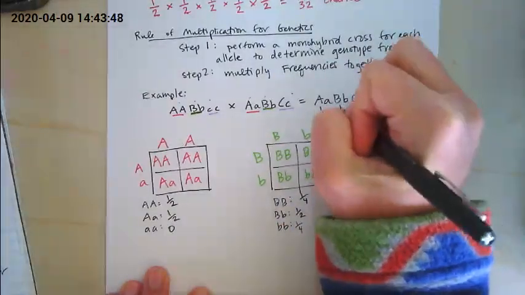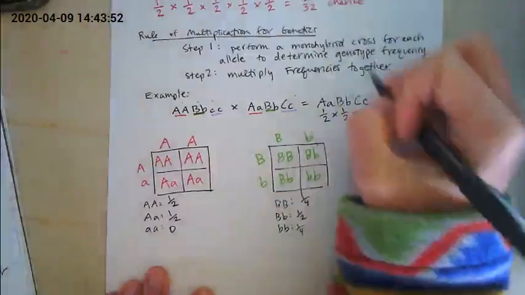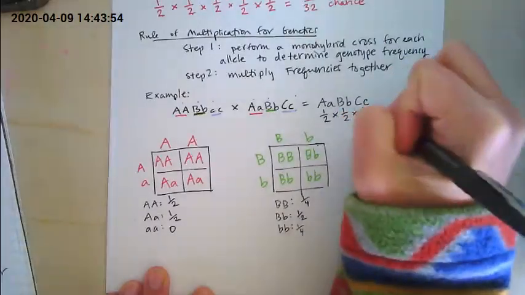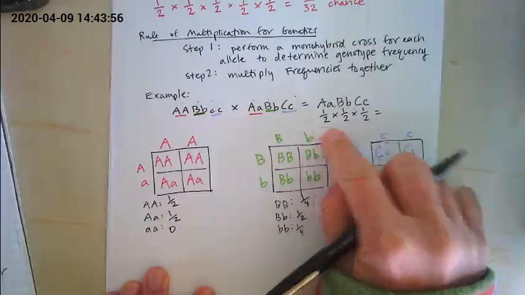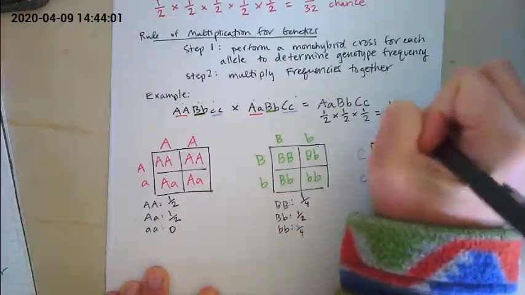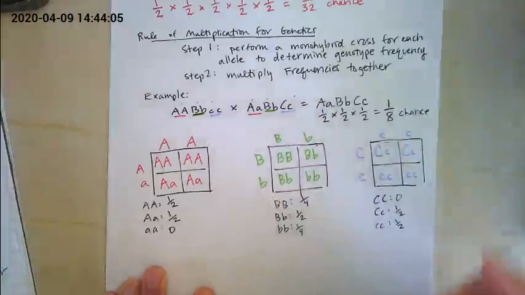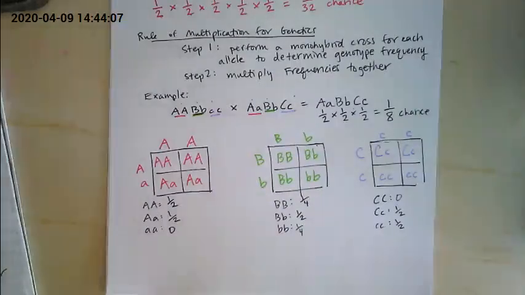It's another 1/2. And for heterozygous C's, also 1/2. All right, so we multiply that, 2, 4, 8. So we got a 1/8 chance of these two having this offspring. All right, that's how you do that problem.